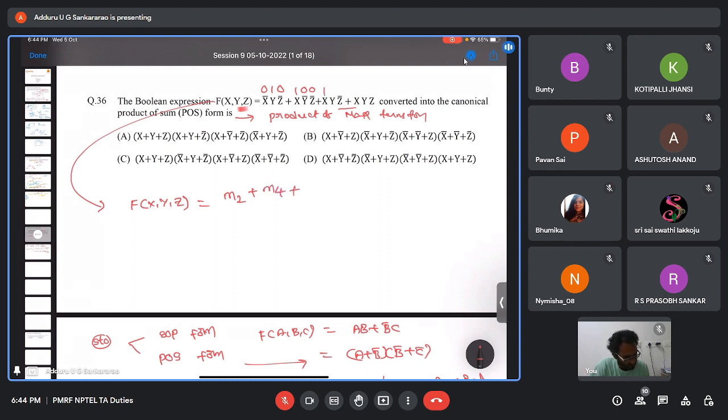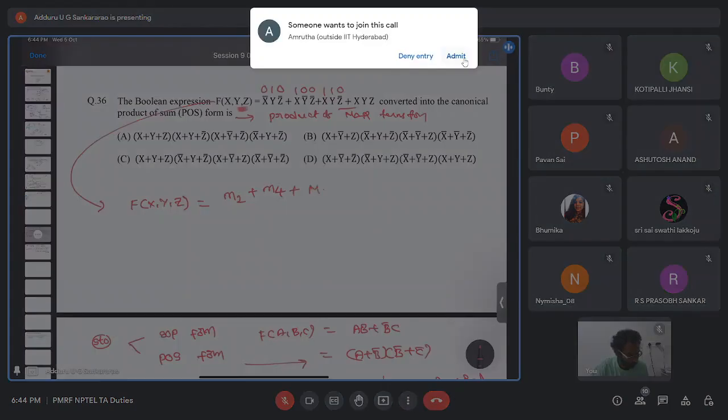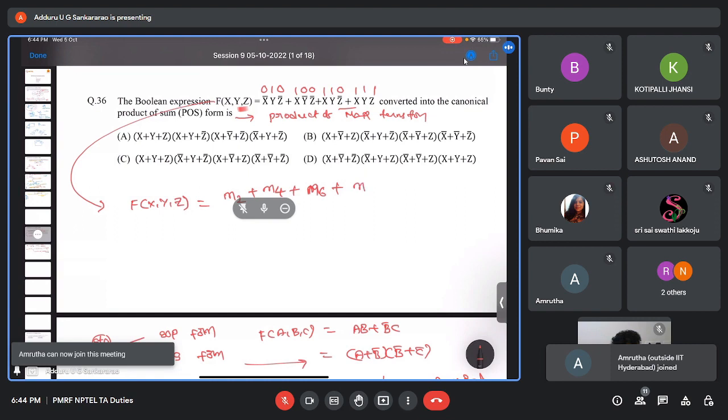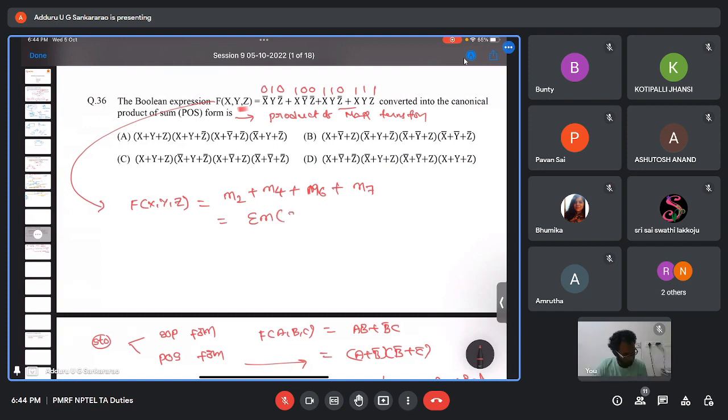Next x is 1, y is 1, z bar is 0, so minterm 6. And x, y, z all ones, so this is minterm 7. So we can represent it as sigma m of 2, 4, 6, 7.